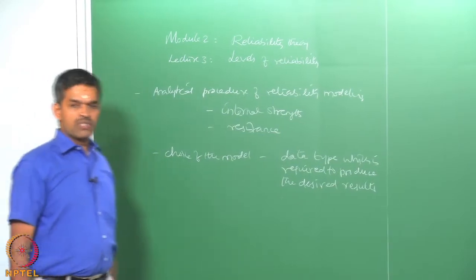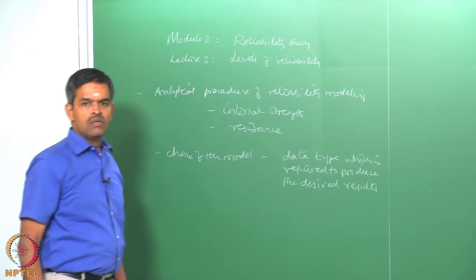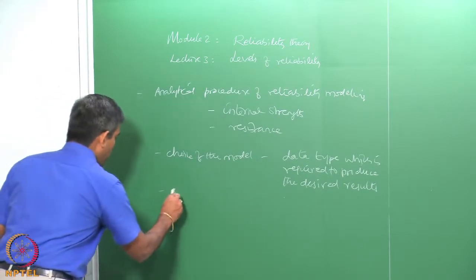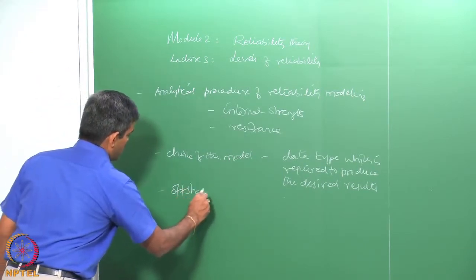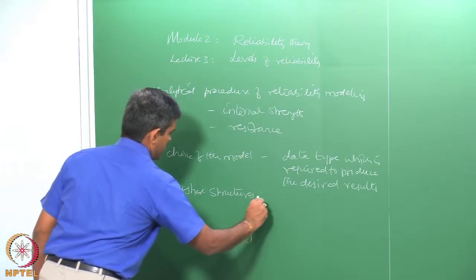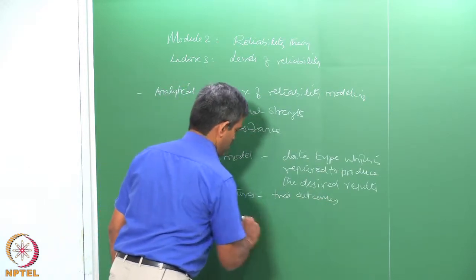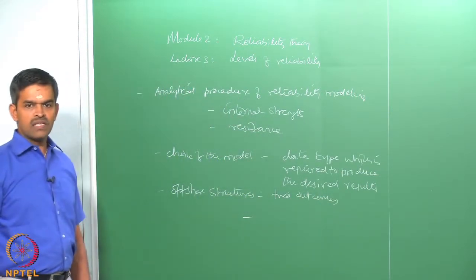Now, in case of offshore structures, let us specifically bring this model down to an outcome. In case of offshore structures, you have got two sets of outcomes. There are two outcomes. One, either success or failure.